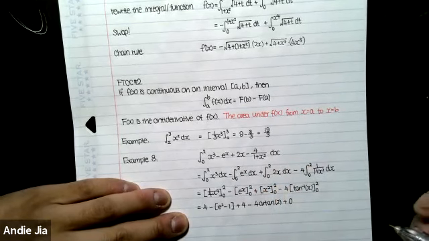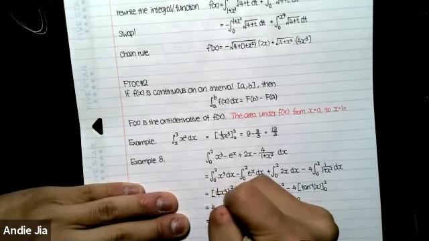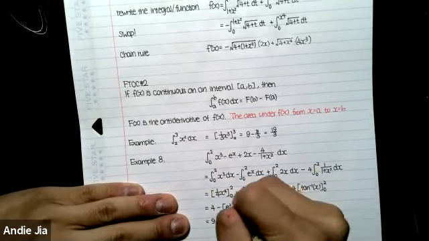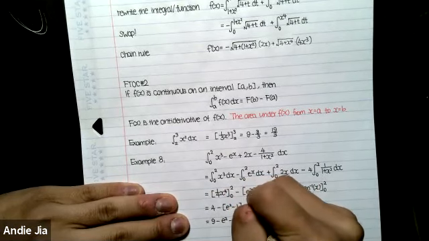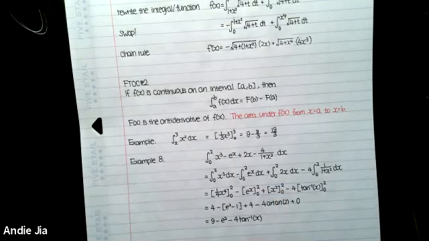Then we have 509 minus 4 inverse tangent of x as our final answer.